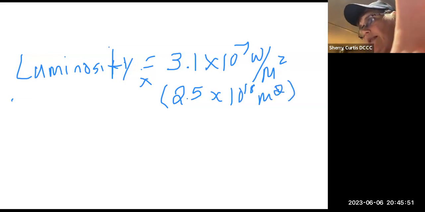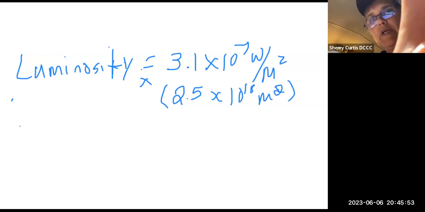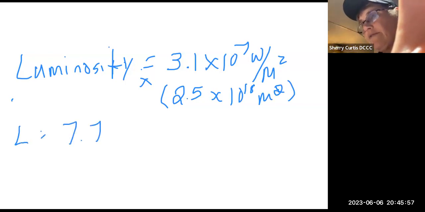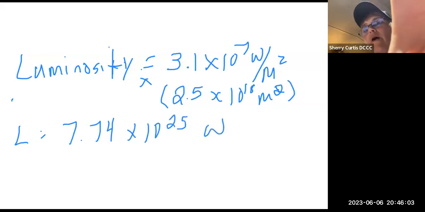If we multiply those two numbers, we get 7.74 times 10 to the 25th watts. And a watt is a joule per second, so it tells you how much energy per second the sun is kicking out.